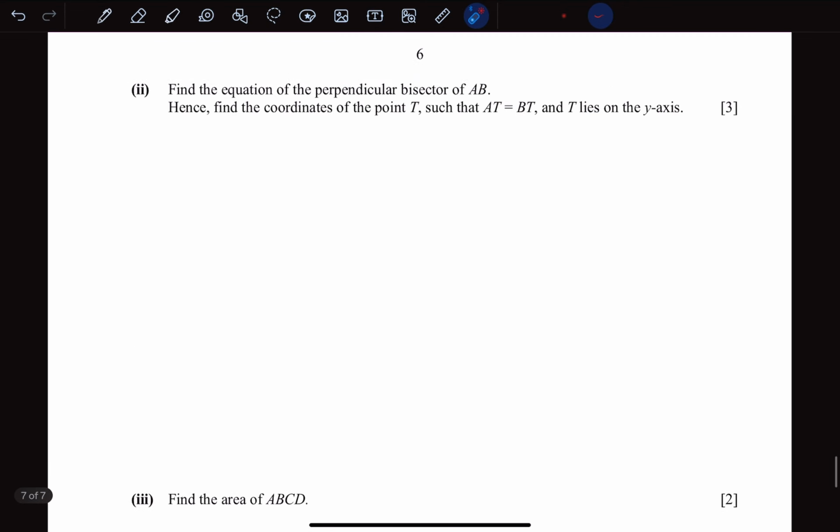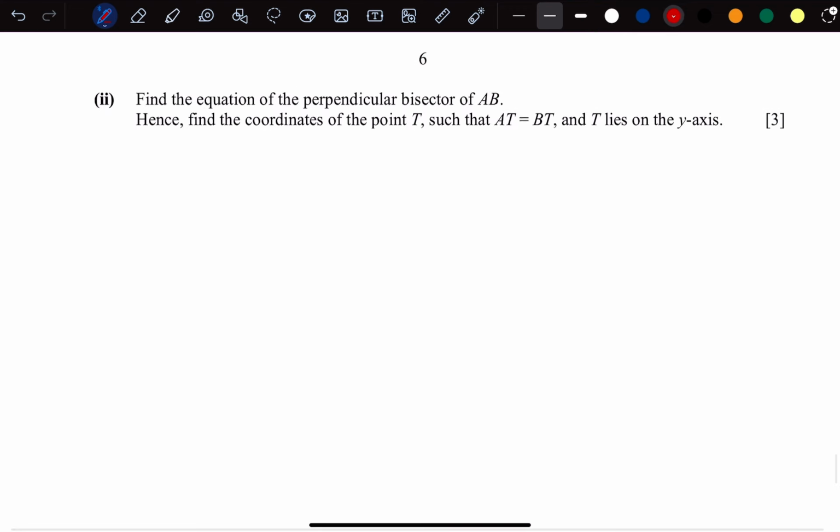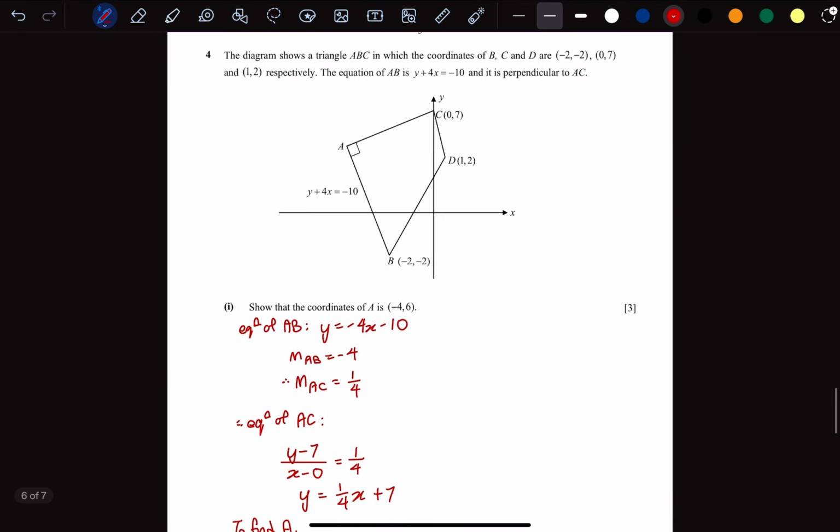So over here, remember to find the perpendicular bisector, we always first find the midpoint of AB. So the midpoint of AB is equal to, we add the coordinates together to find the average. I know that A is negative 4 comma 6.